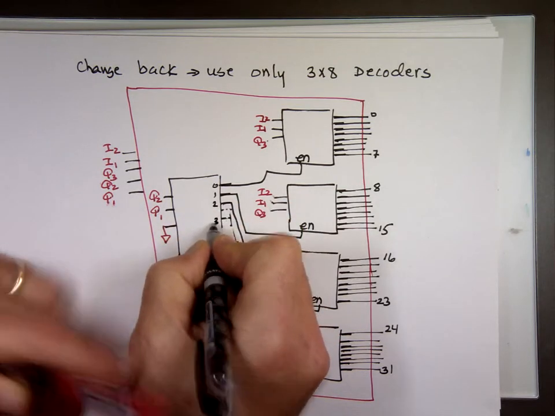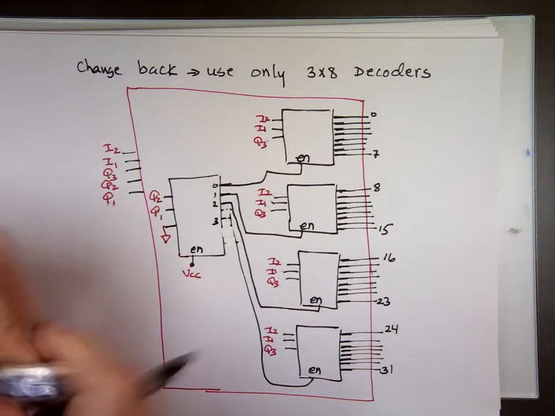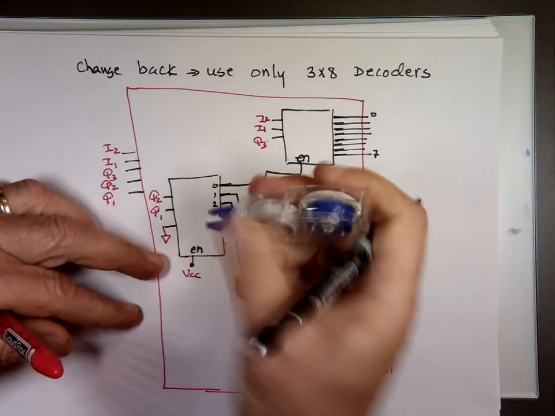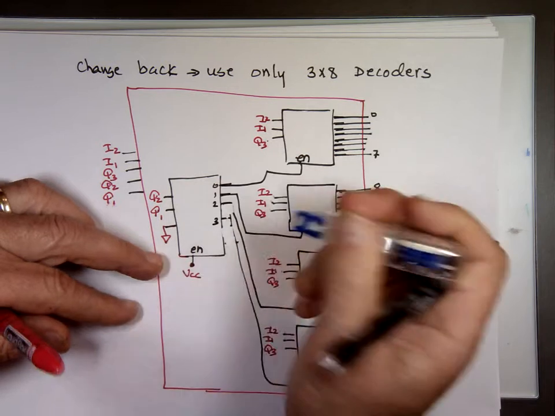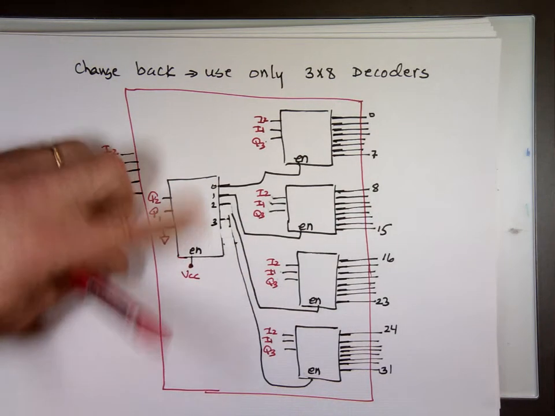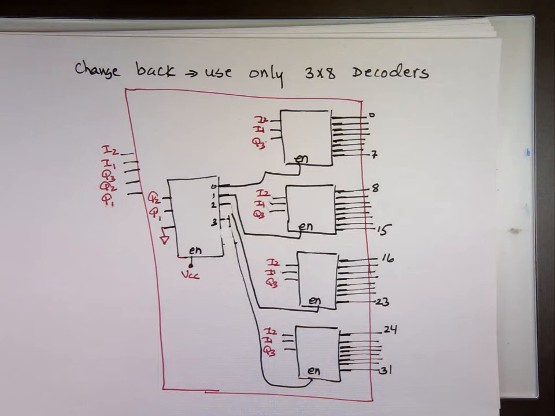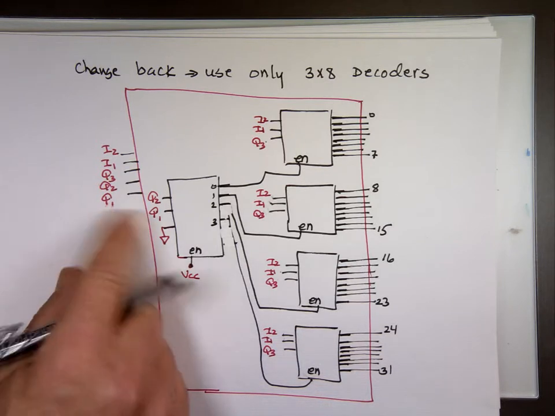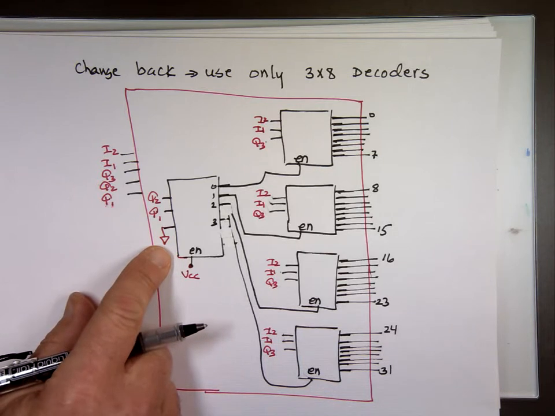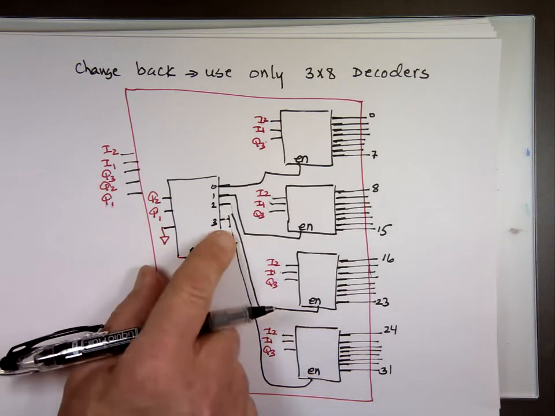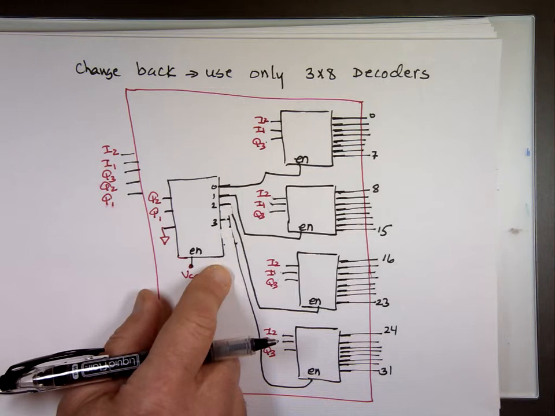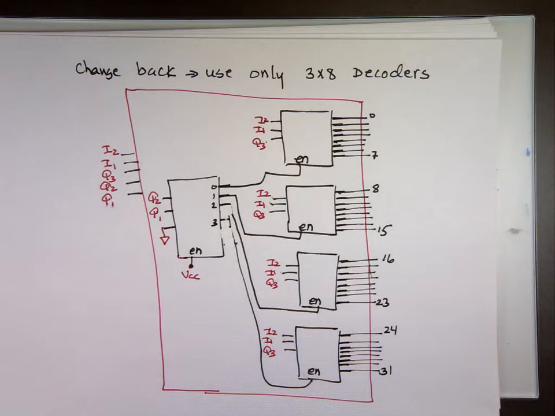So the first 4 actually are my chip enable for these. If I made this VCC instead of ground, that means it's always high. I'm going to use what? 4, 5, 6, and 7, my chip enables. So it depends which one I make, because I have 3 inputs. I got to make one of them ground. I only have 2 inputs. So by doing that, now I just made a 5 by 32 decoder.